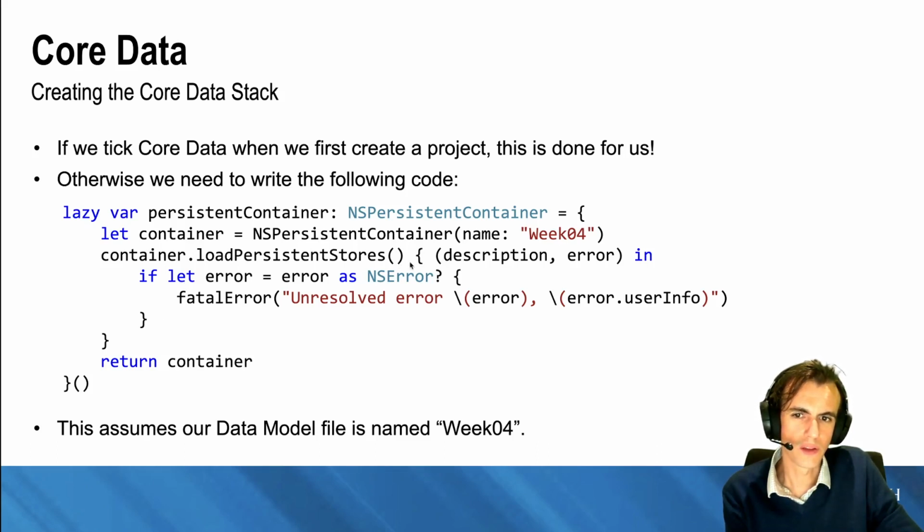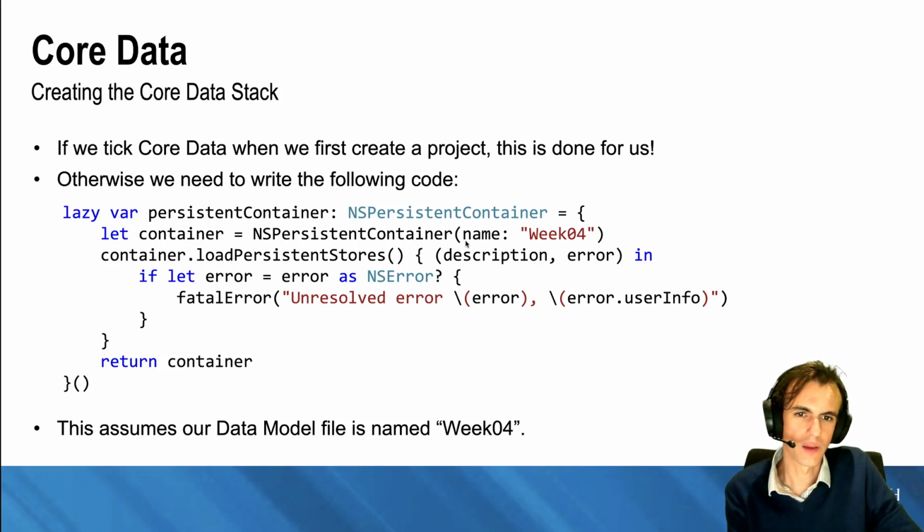This looks a bit weird because I said we're passing to loadPersistentStores a completion handler. But what you're actually seeing is there's nothing passed to it inside the parentheses, and there's just this block following it. This is what's called trailing closure syntax. If you have a look at the documentation for loadPersistentStores, it indeed does have a single argument completion handler, and that single argument is a block or a closure with two arguments and no return value.